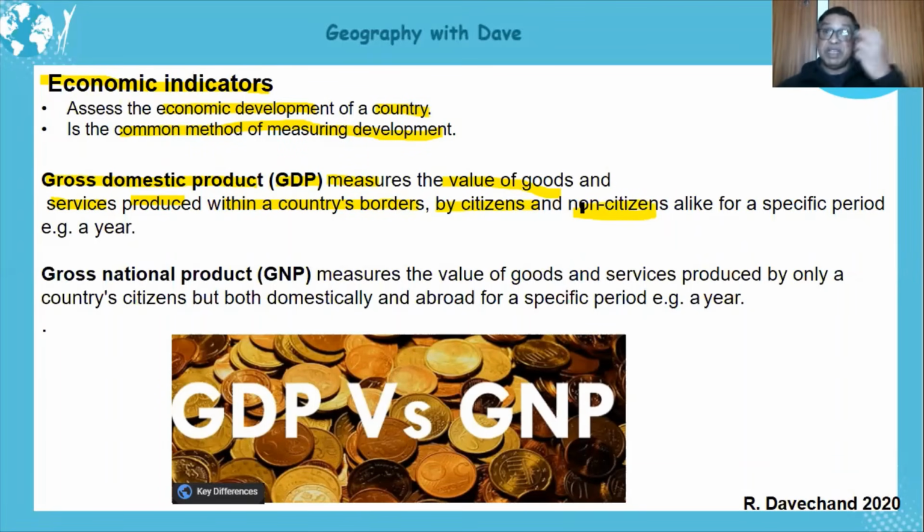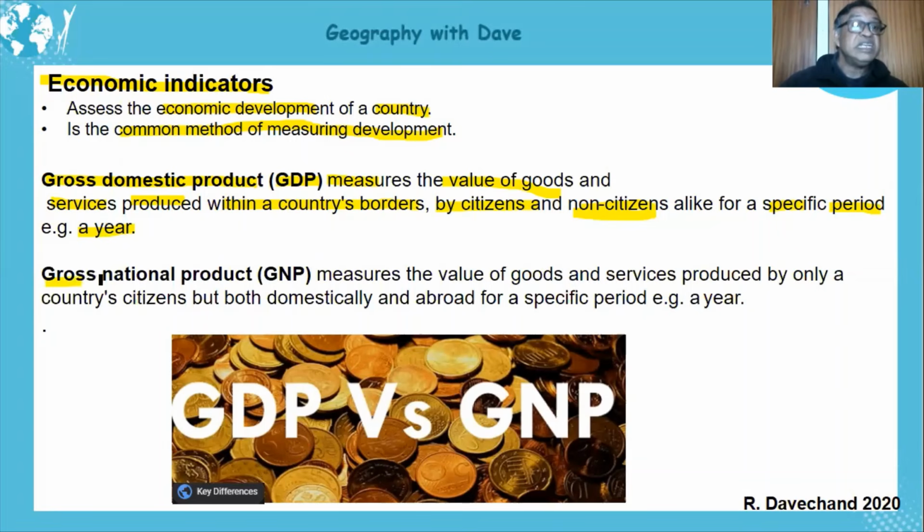So in South Africa, it's by South Africans and people who came into South Africa from other countries. That's your GDP within the country and by citizens and non-citizens for a specific period, like in many cases, a year. They measure it for each year, and you can see whether it's improving or decreasing.